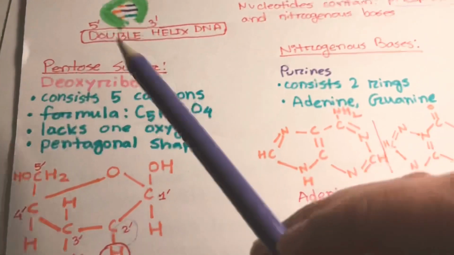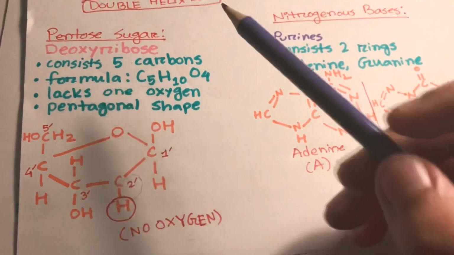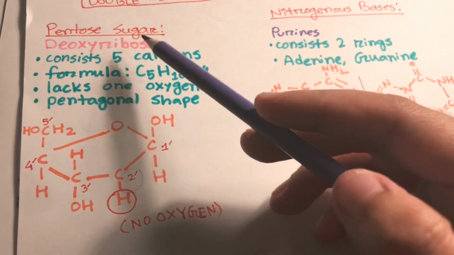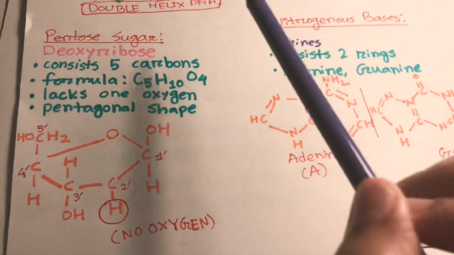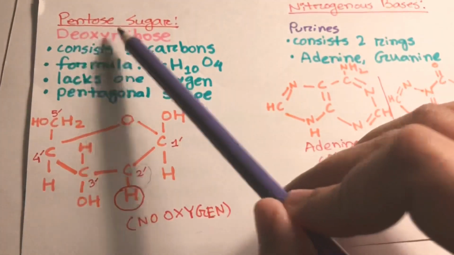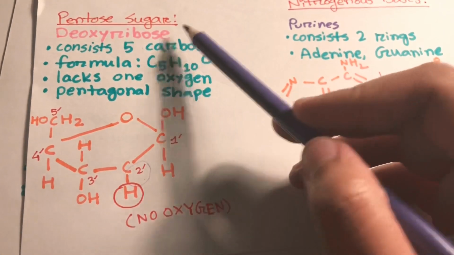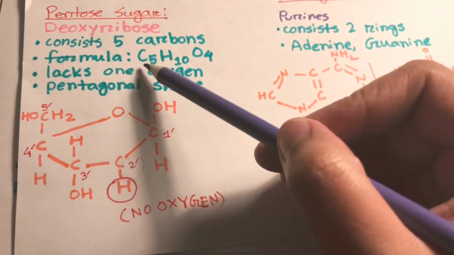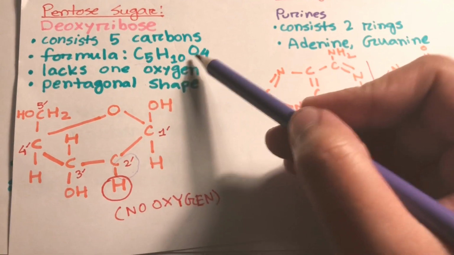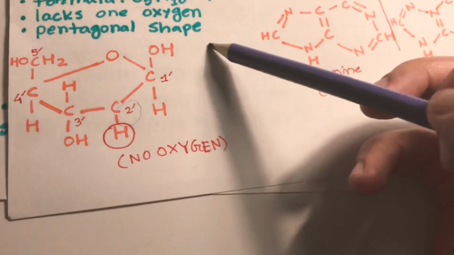Firstly, I'm going to talk about the pentose sugar we have in our DNA. This pentose sugar consists of 5 carbons and it is known as deoxyribose. Let's look at why it is called deoxyribose. As you can see, the formula for deoxyribose is C5H10O5, and this is the structure of the pentose sugar.